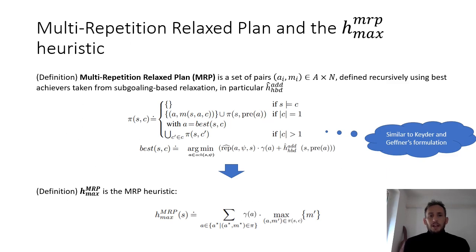A multi-repetition relaxed plan is formally a set of pairs, each encompassing an action and an action counter. This multi-repetition relaxed plan is defined recursively, taking the best achievers from the subgoaling based relaxation.